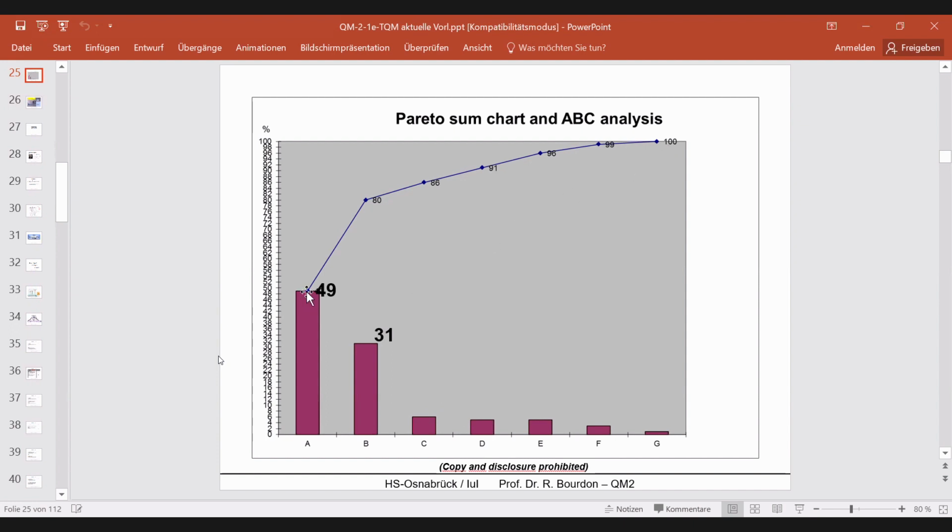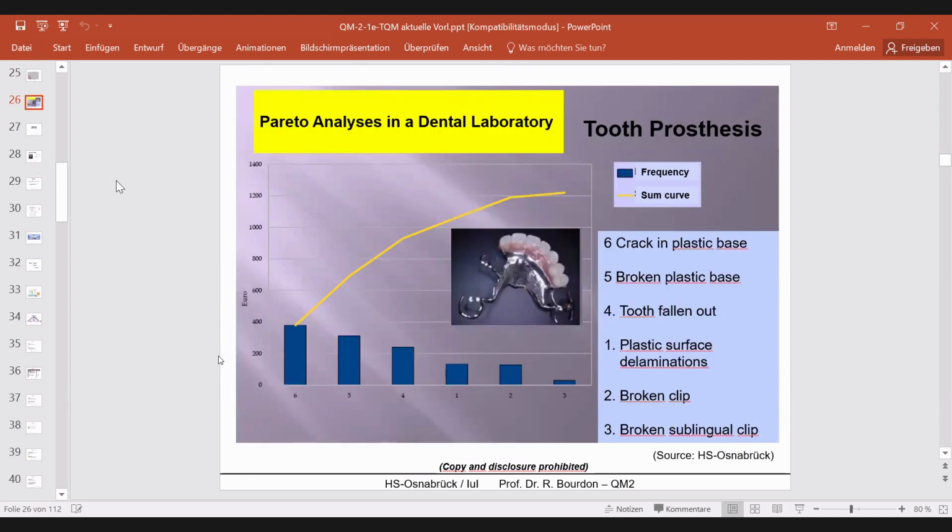It starts with 49% here of defect A, then we have 31%, so 80%, and then the next C, then the sum is 86, 91, 96, 99, and 100%. So this is the sum curve here, but the Pareto chart is these red bars.